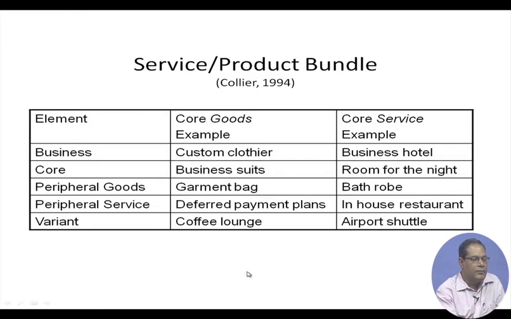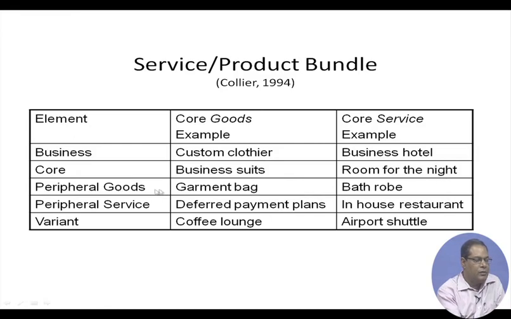We look at the service product bundle. Here the core goods and core service examples are given. For the business element, the core goods supplier is a custom clothier, and the core service example is a business hotel. The core element is the business suits and the room for the night.